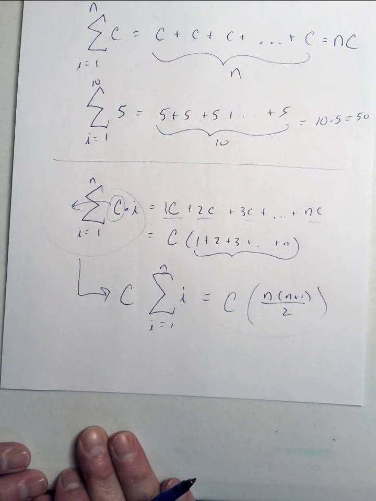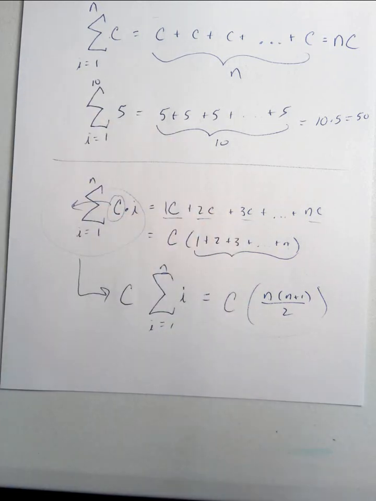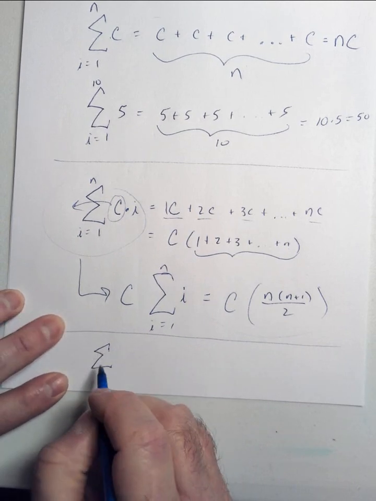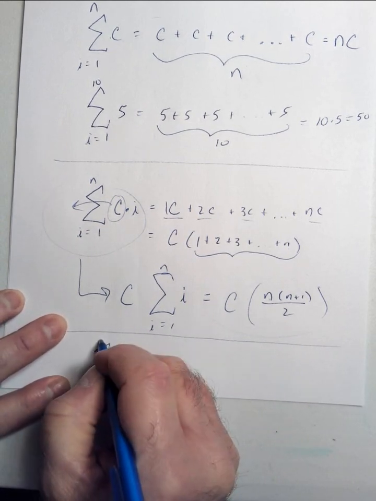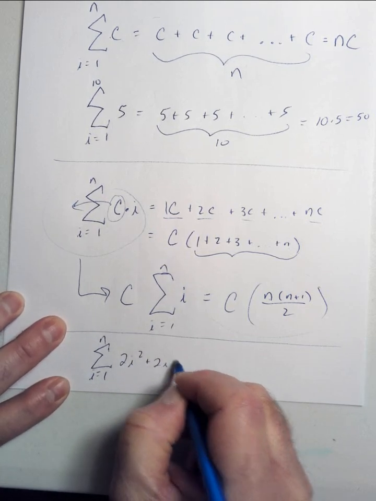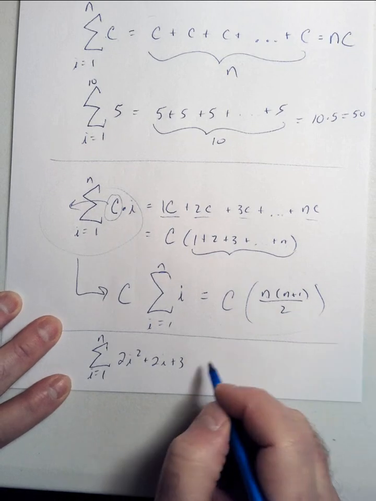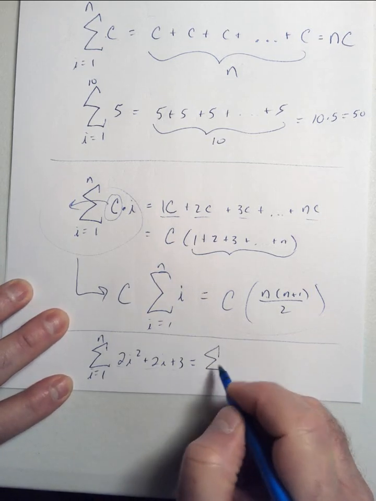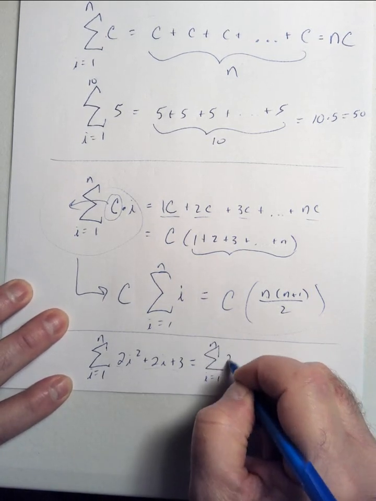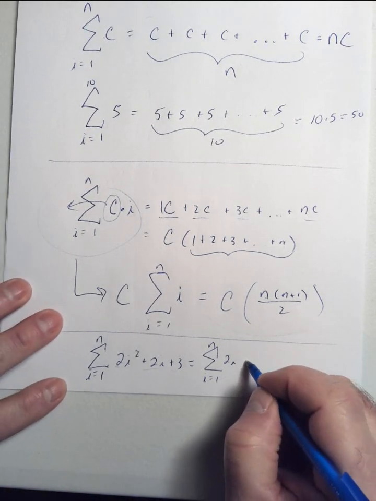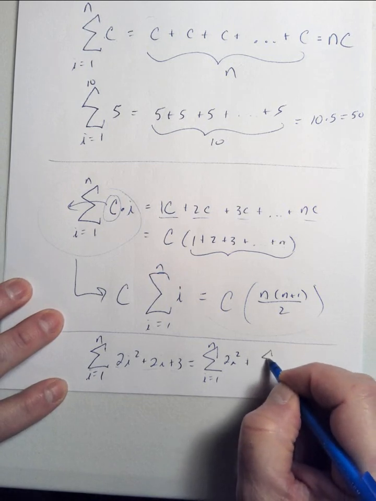All of this should be review for you, just like when we take a summation of any old polynomial, as I goes from 1 to n of, say, 2i squared plus 2i plus 3. What did we do? If you remember correctly, we broke up the sum into 3 different series, and this is very similar to the limit of the sum equals the sum of the limits.